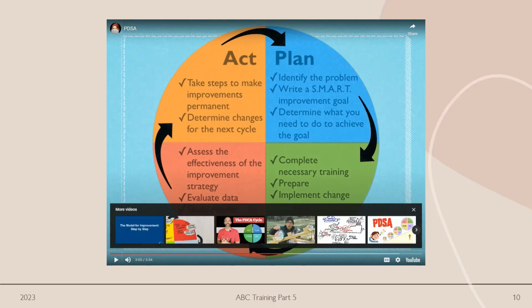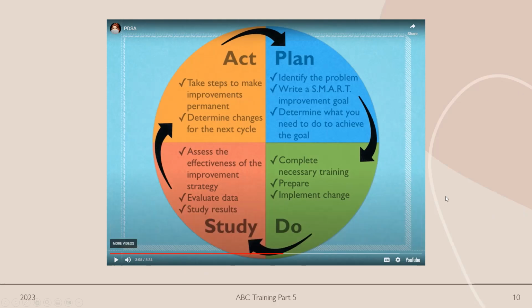You really never stop. And what that does sometimes is exhaust you. So in one of my earlier slides, I had a bunch of cartoons that showed some of the concerns that people have about quality improvement.